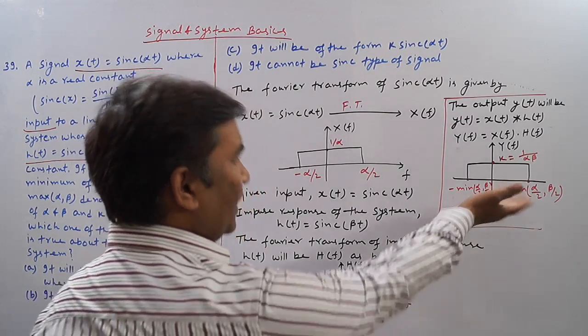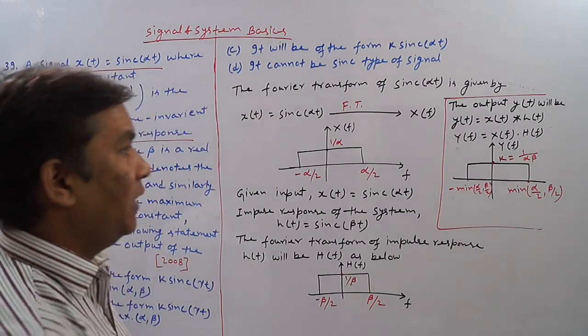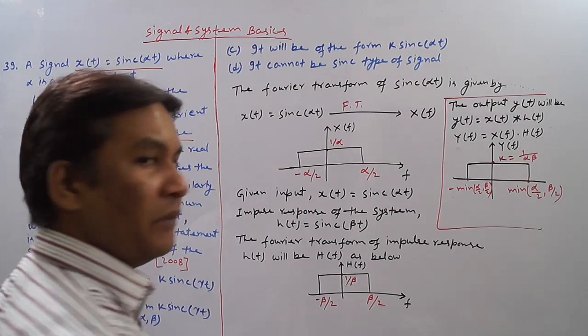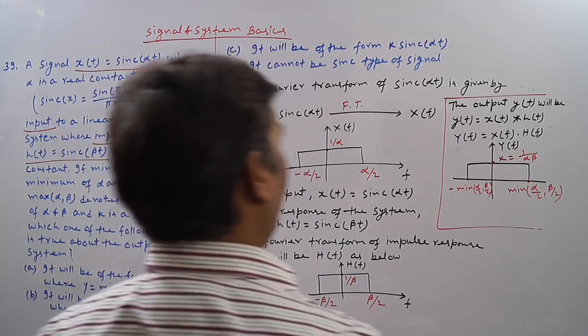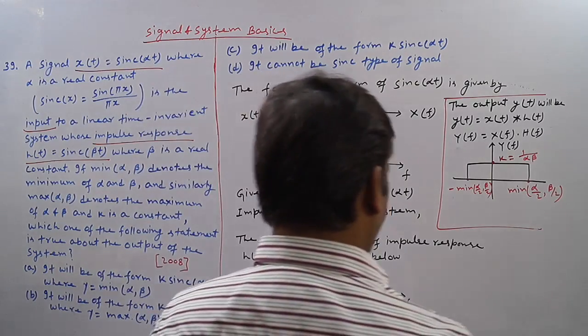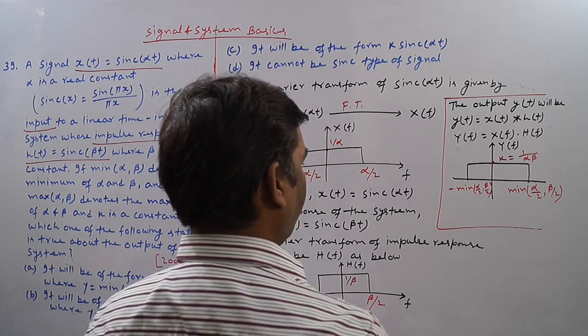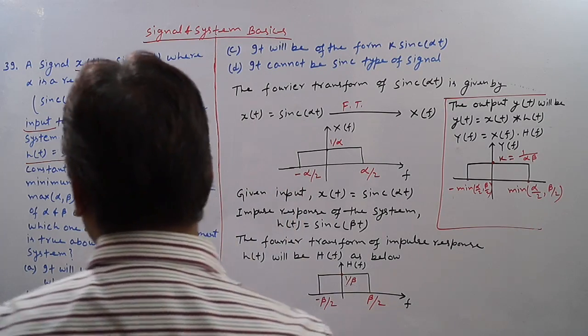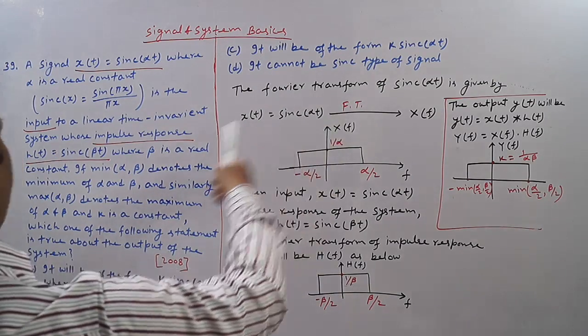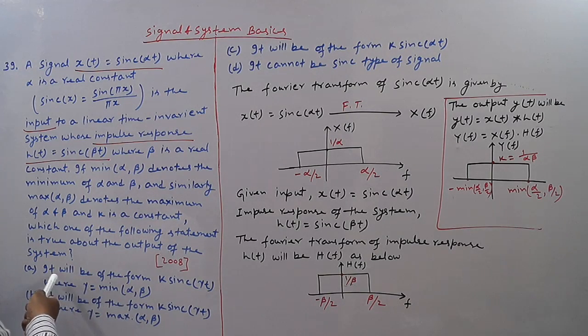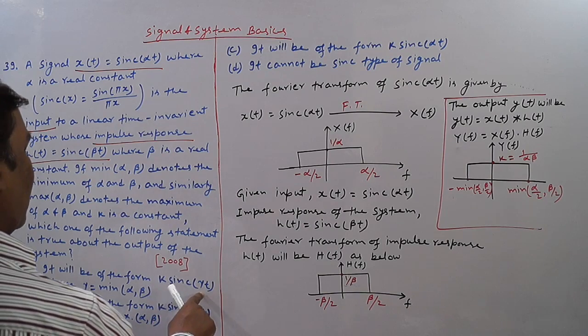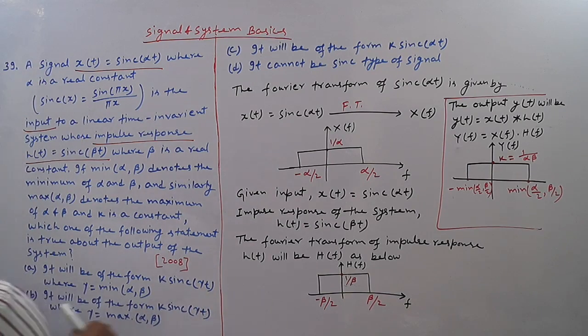Now if we take the inverse Fourier transform of Y(f), how much will it come? It will be of the form k sinc(gamma t), where gamma is the minimum of alpha and beta.